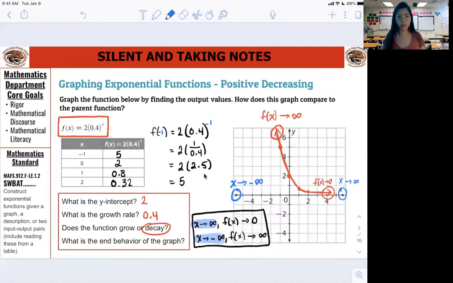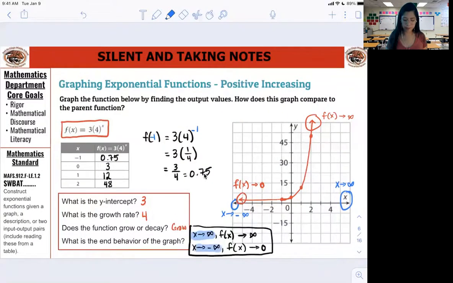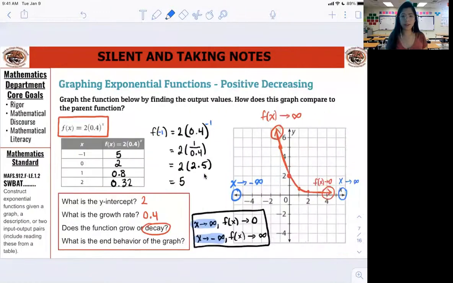What changes is what the function is actually doing, because like we saw in the previous example, it can be facing one direction like it is here, or the opposite direction like it is here. So it's important to be able to explain what is happening on the graph using this type of notation.